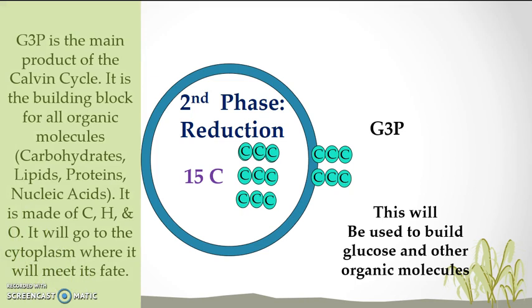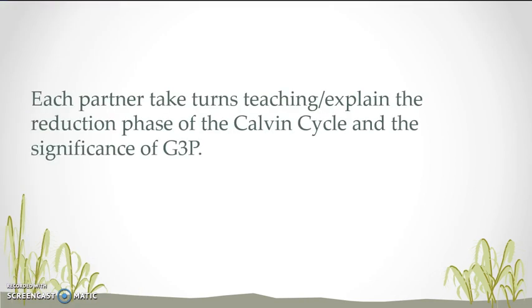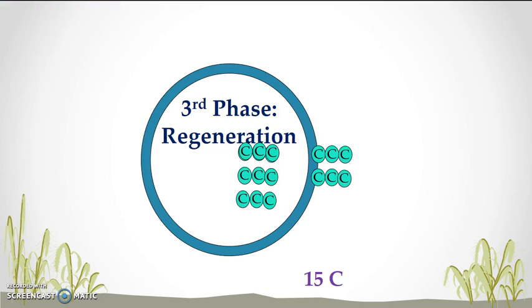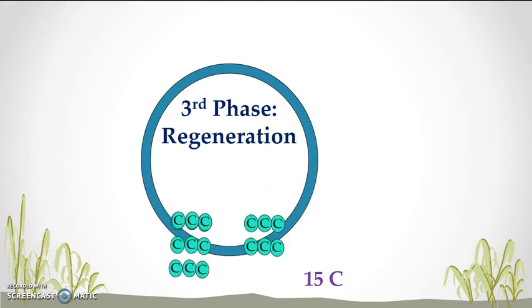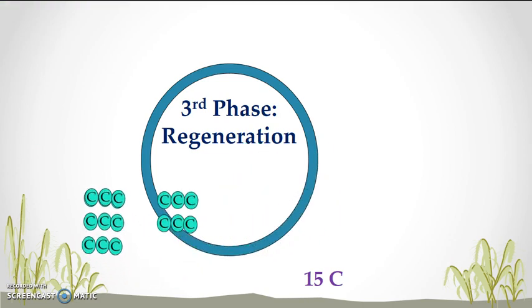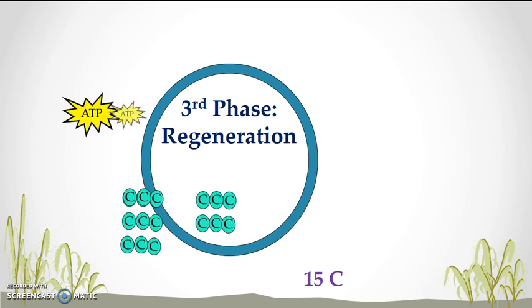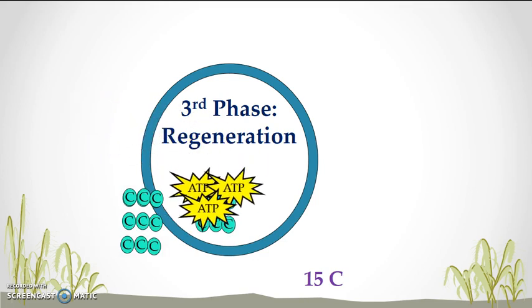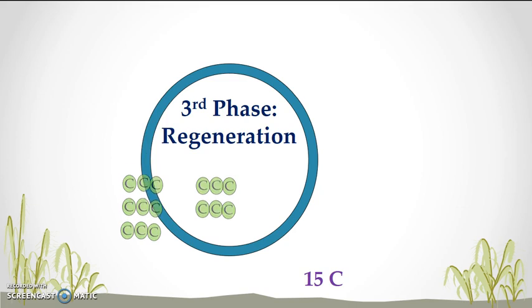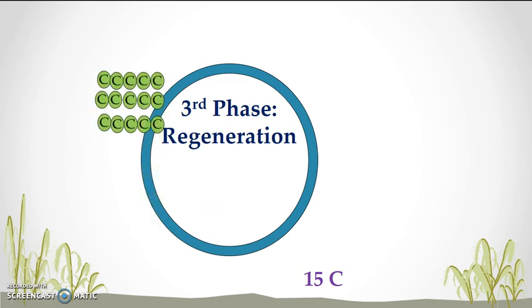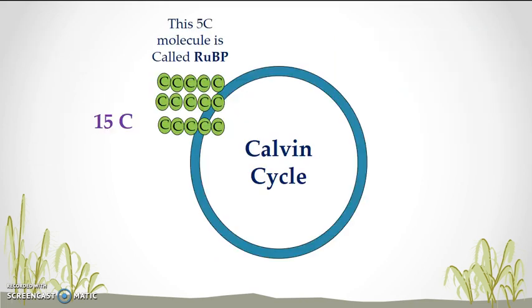Those remaining 15 carbons need to be regenerated back into RuBP. The third phase of the Calvin cycle is to invest a few more ATP that will reorganize those 15 carbons back into RuBP, and the process can start all over again. And that is the Calvin cycle.